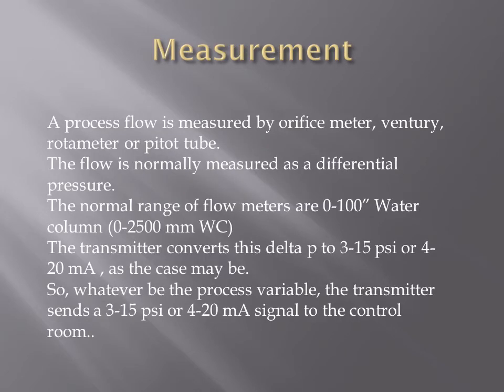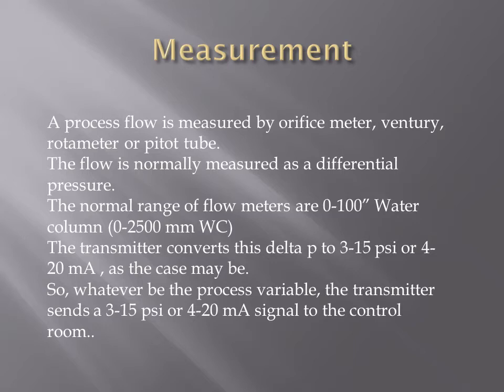In the flow control, we measure the flow either by an orifice plate meter or a Venturi meter, and the output from the meter will probably be 0 to 100 inches water column or 0 to 2500 millimeter water column. It's a general trend in the industry.